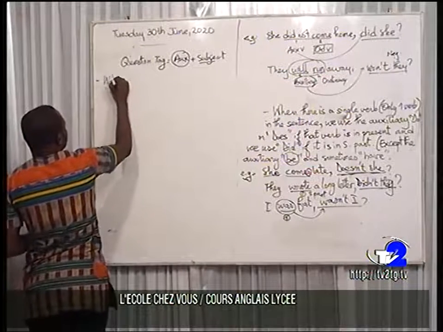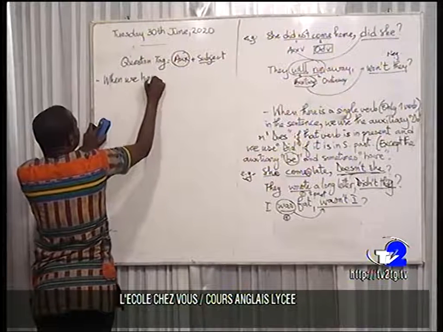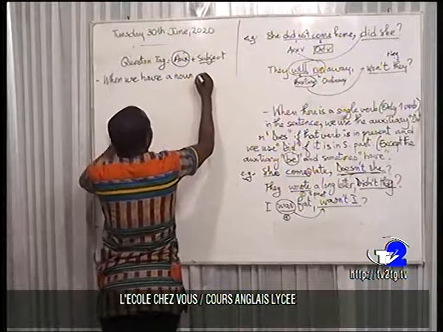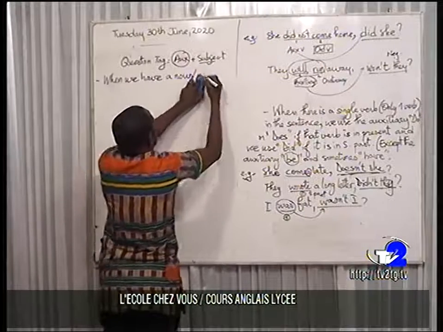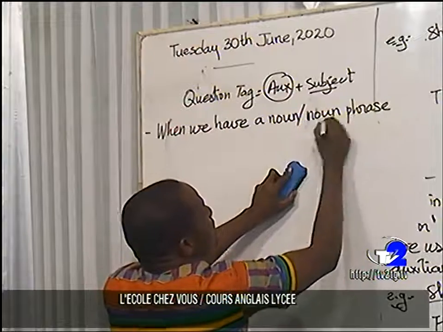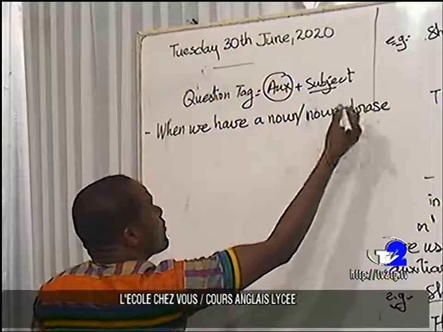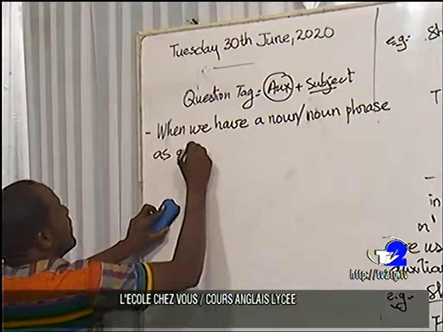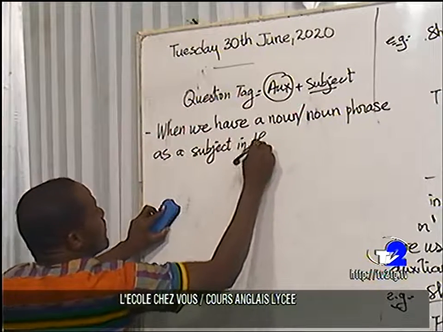When we have a noun or noun phrase, a group nominal, as a subject in the sentence, what do we do?